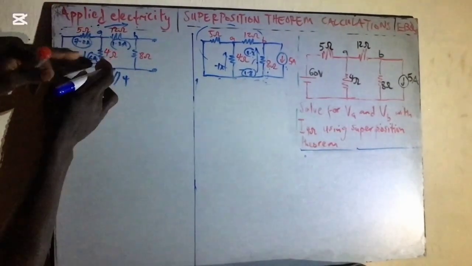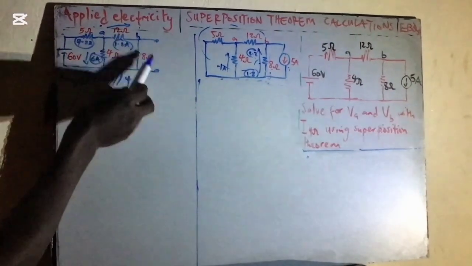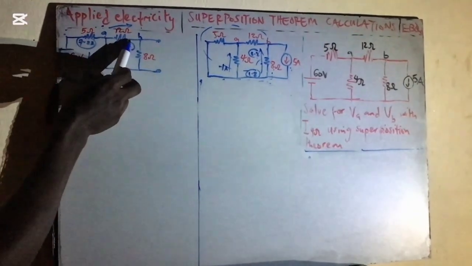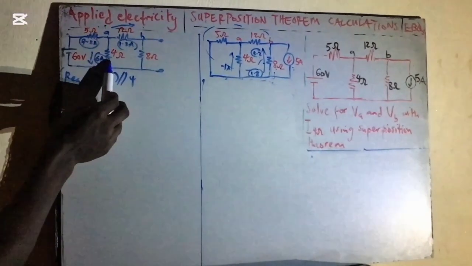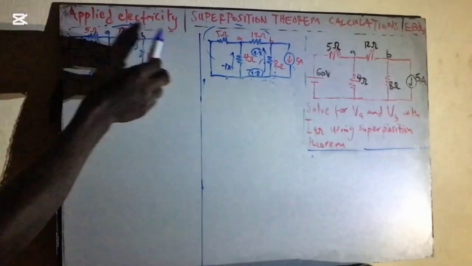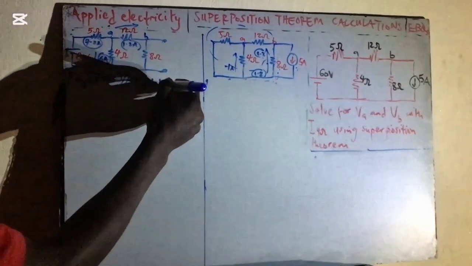Then when they are here, it's going to be in series with 5. So this and this are in series, and when this one combines to this place, this and this will be in parallel. That's why it's in parallel with 4. Then when all of them have come here, they are now in series with this. There's nothing here again. So that's why it is like this, plus 5.